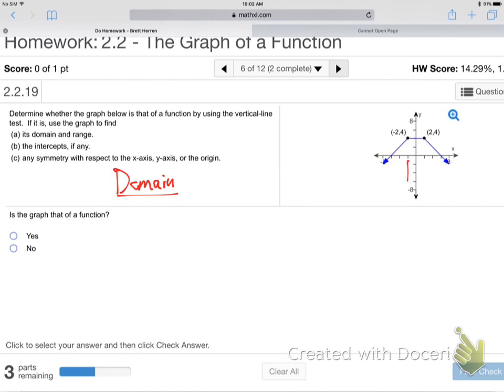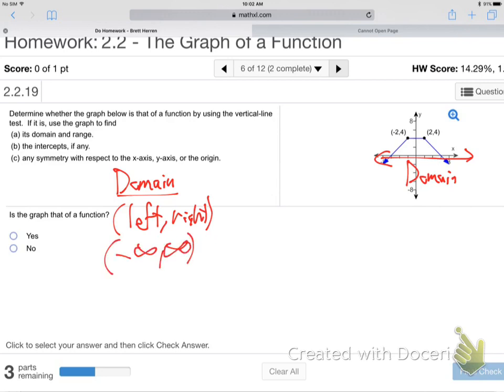It's left edge, right edge, with parentheses or brackets. So what's the left edge, right edge? Negative infinity, positive infinity, right? Good. What's the range now?